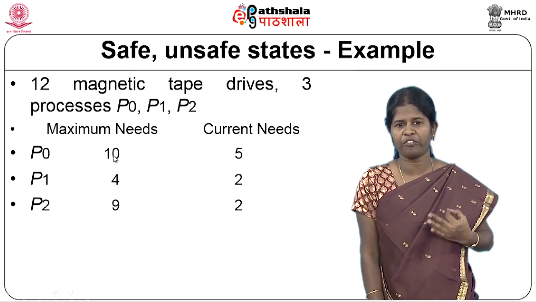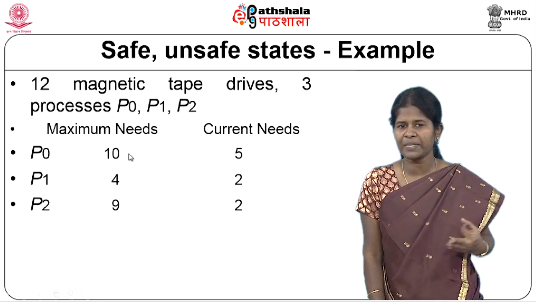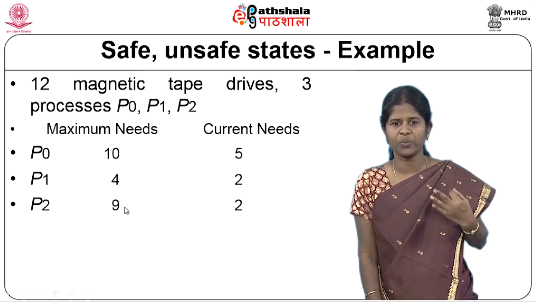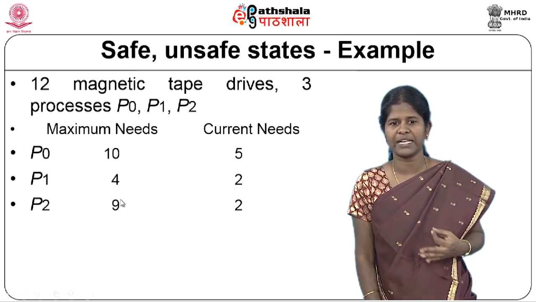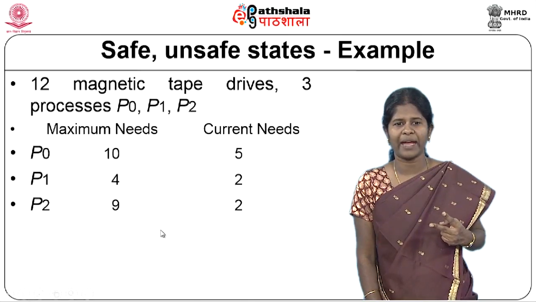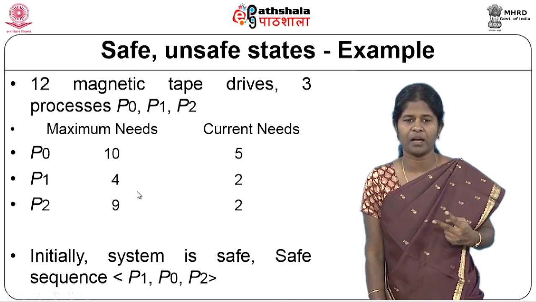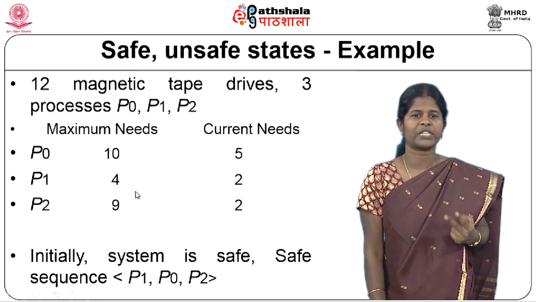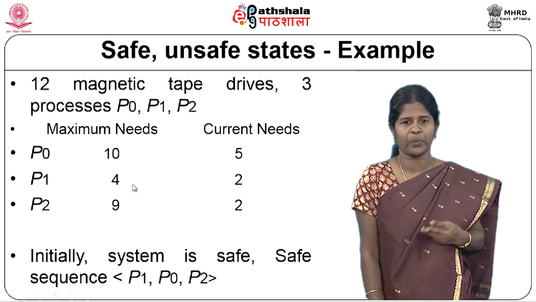The future need of P0, which is 5 more, cannot be satisfied with just 3. The future need of P2, which needs 7 more, cannot be satisfied with just 3. Only the future need of P1 can be satisfied with just 3.